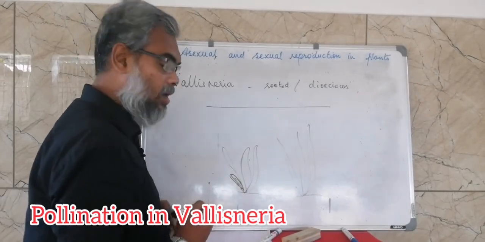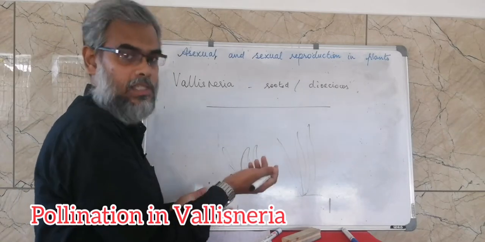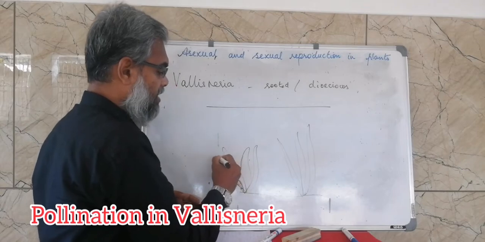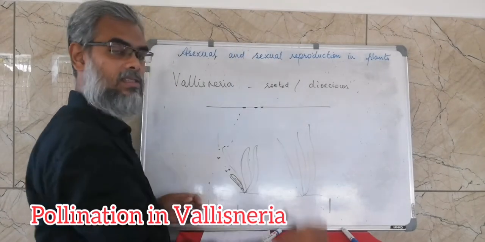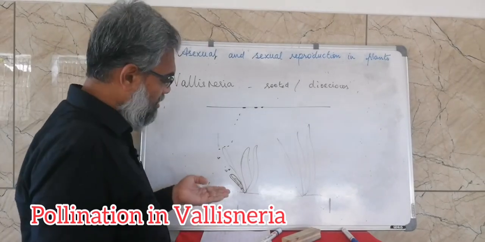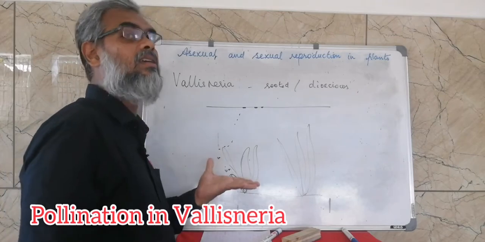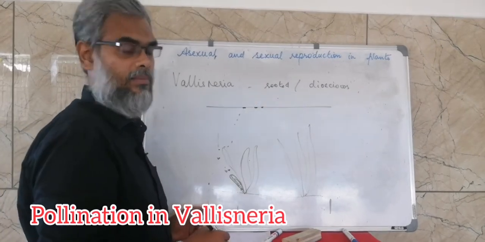Okay. So when the male flower matures, it produces anthers, isn't it? It liberates small florets, anthers, and they float and reach the surface of the water. So the male floral part releases the pollen grains, anthers, and they will float in the water.